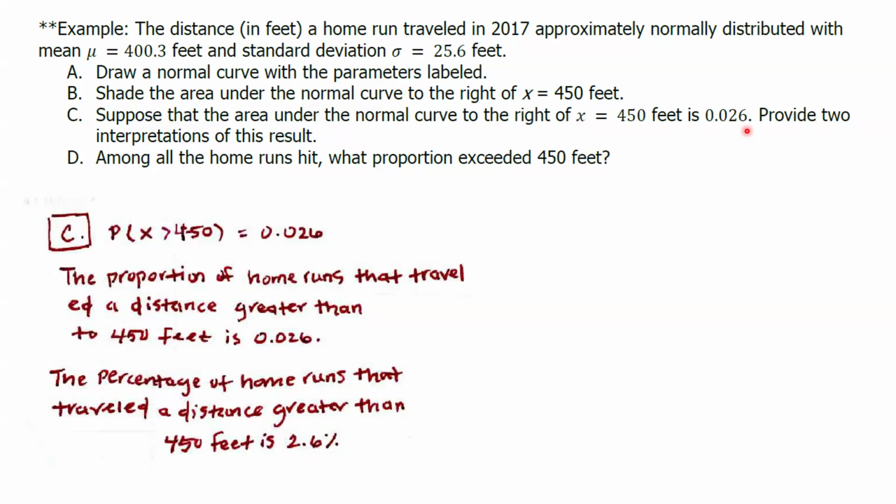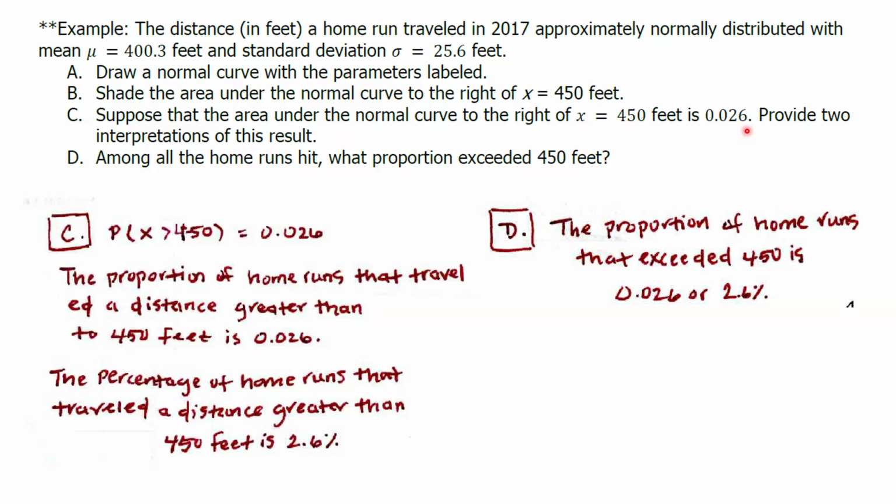Both of them mean the same thing because area means probability, it means proportion, and it means percentage and percentile. Okay, so D, among all the home runs hit, what proportion exceeded 450 feet? Well, the proportion of home runs that exceeded 450 feet is 0.026 or 2.6%.